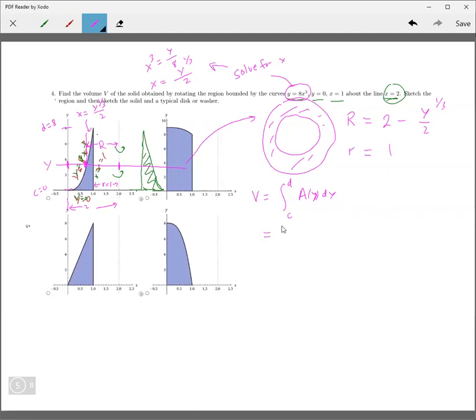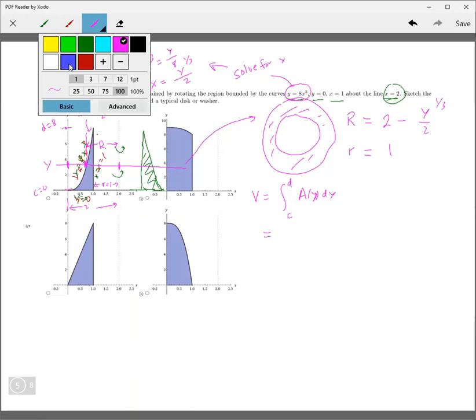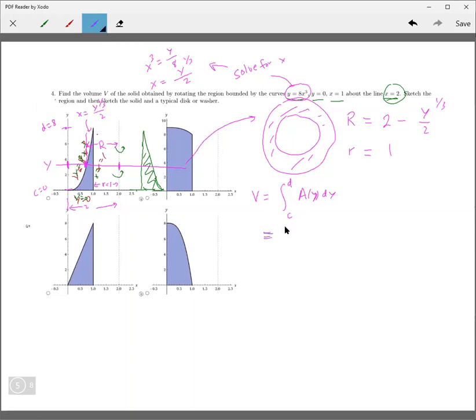Okay, so I'll go ahead and write down our volume. We're going to go from 0 to 8, pi times the outer radius squared minus inner radius squared, dy. Okay, so that's our area there.